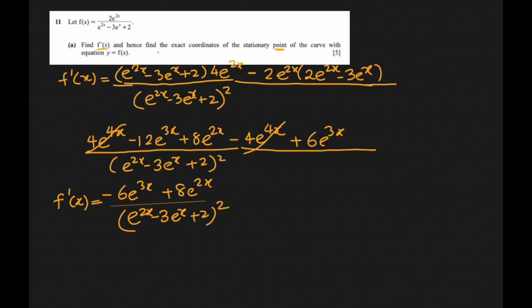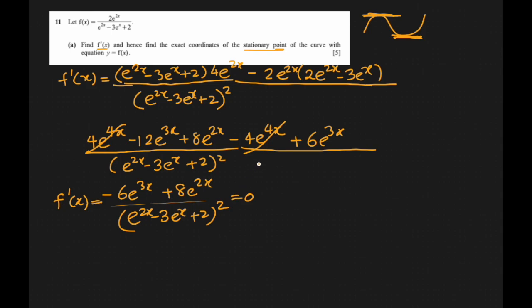Now they said find the exact coordinates of the stationary point. For a stationary point, f prime x has to be equal to 0. The derivative has to be equal to 0. Why? Because if it is a maximum, the tangent is a horizontal line, and for a minimum the tangent is also a horizontal line. Both of them have gradient 0, and f prime x is nothing but the gradient. So it is equal to 0.